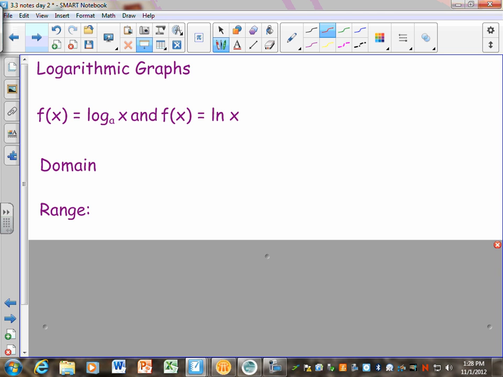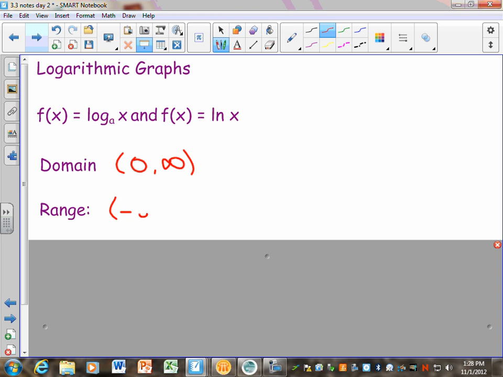Here's kind of a summary of our domain and range on these. If it's just log of x, ln of x, your domain every time will be 0 to infinity because you cannot take the log of 0 or the log of a negative number. What about your range on all these? I didn't do it, but what's the range going to be? Yeah, all real numbers.